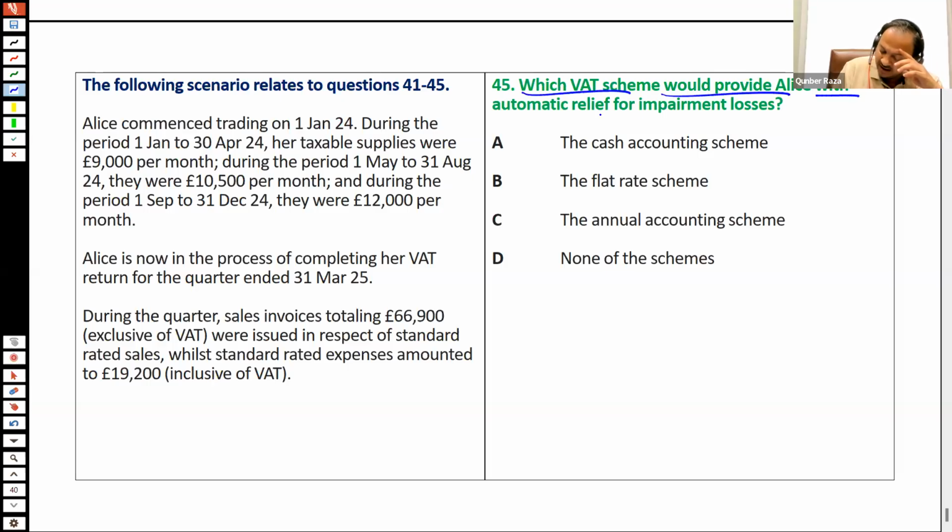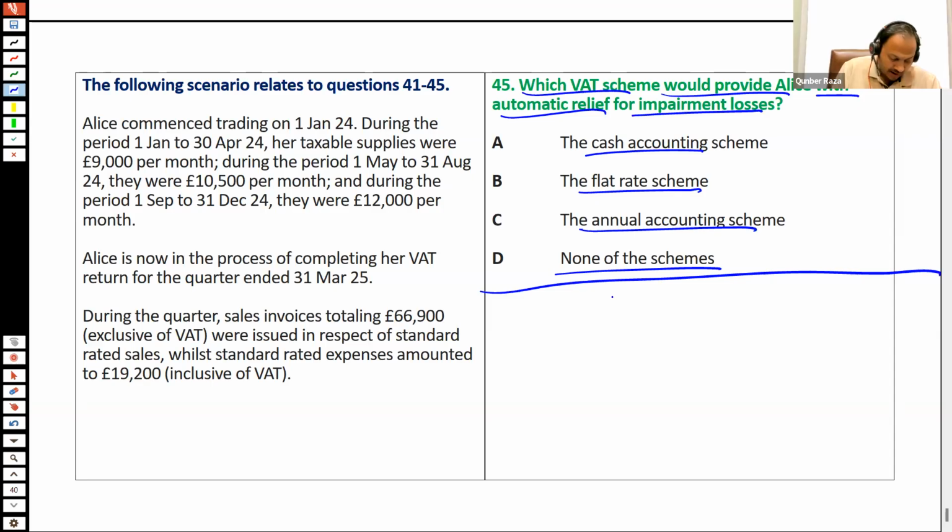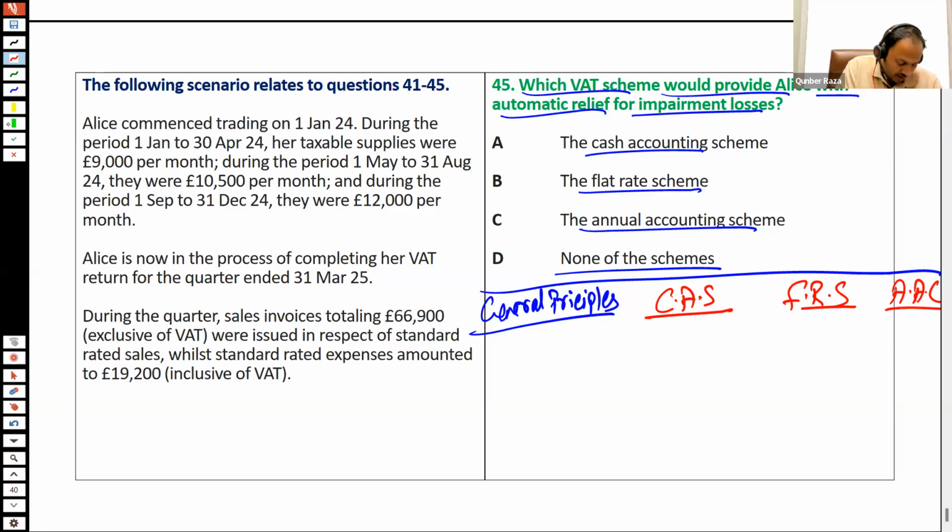Which VAT scheme would provide a lease with automatic relief for impairment losses? Cash accounting scheme, flat rate scheme, annual accounting scheme, none of the schemes. Before I answer, maybe I have some time left so I can talk about the general principles of these schemes: cash accounting scheme, flat rate scheme, annual accounting scheme.